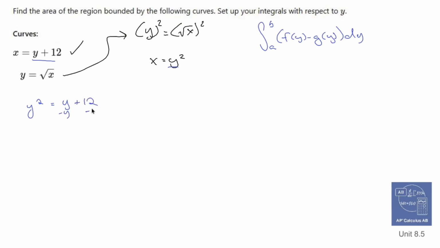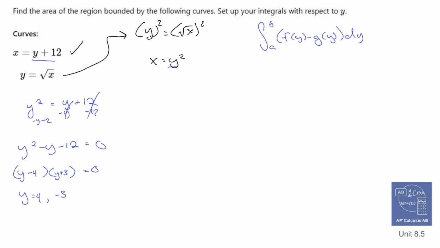Let's subtract y, subtract 12, and that gets us y squared minus y minus 12 equals nothing. Now this does factor out to y minus 4, y plus 3 equals nothing, and that gives me y values at 4 and negative 3.